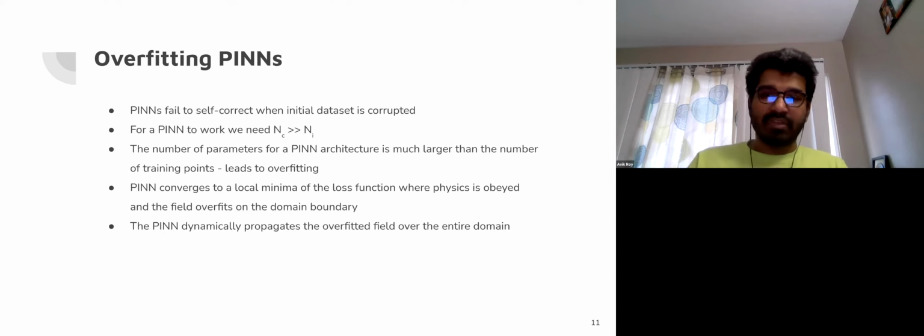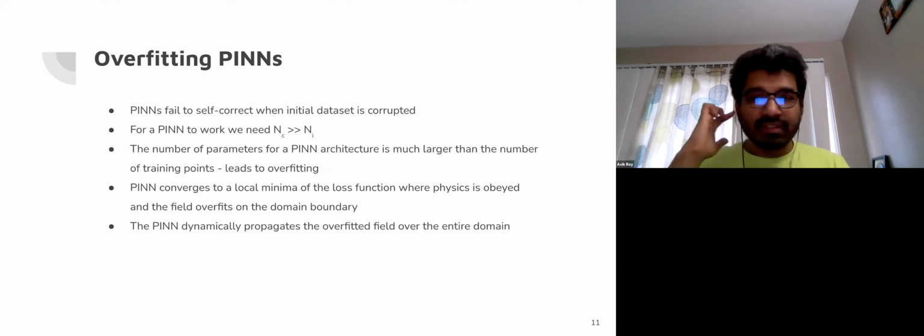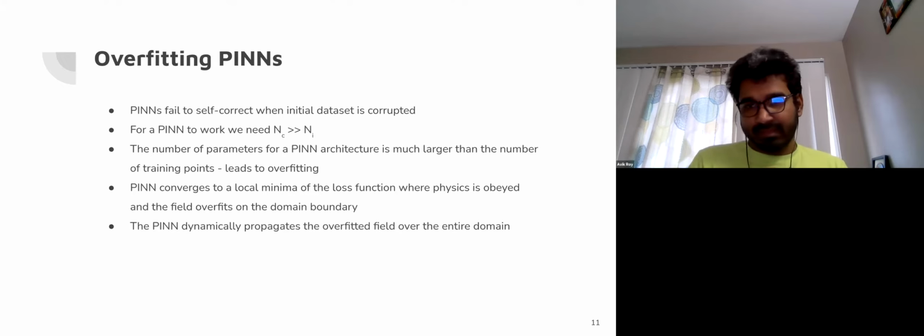But once you corrupt it with training data associated with some errors, you are creating bumps, and you are digging trenches at some places, creating bumpy roads in the smooth surface of the loss function as a function of the neural parameters you are trying to optimize. And the PINN will eventually converge to one of those local minima that you have created on the way. The number of parameters for a PINN architecture is much larger than the number of training points, and this is a classic case where overfitting occurs.